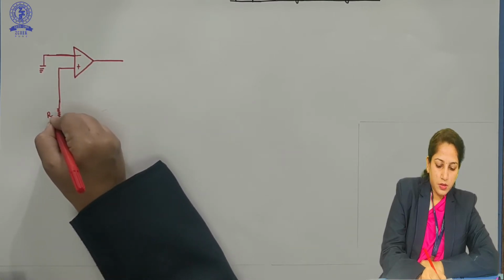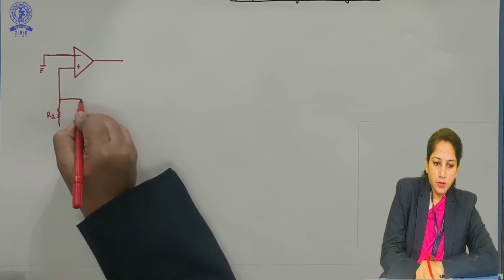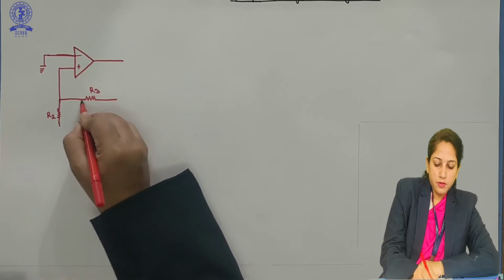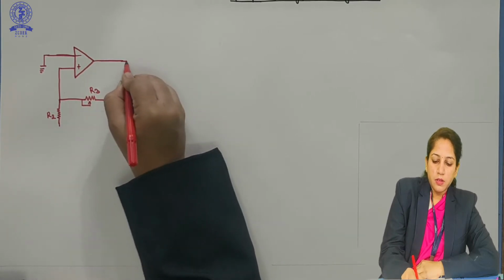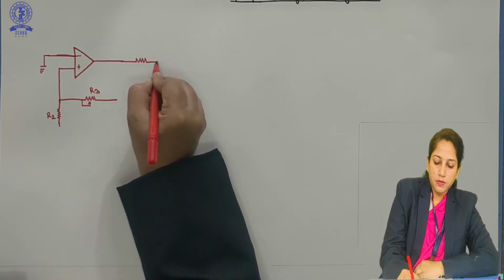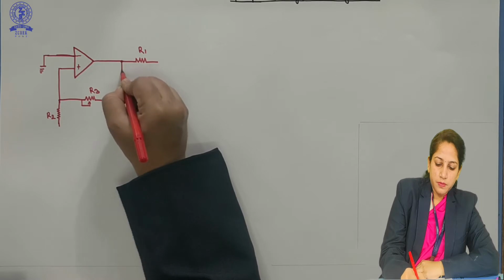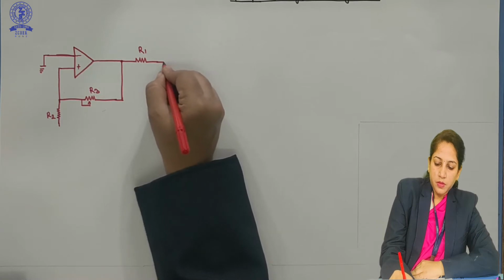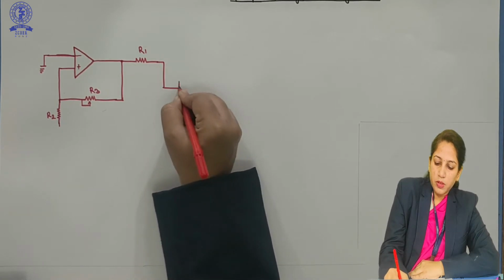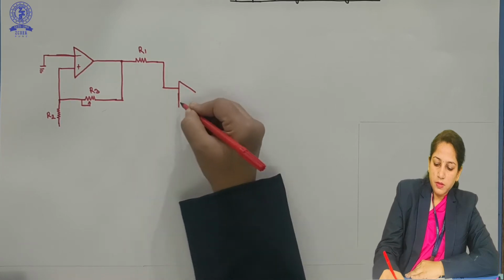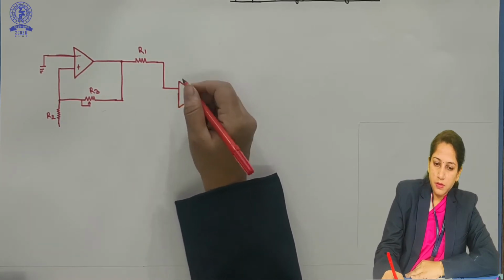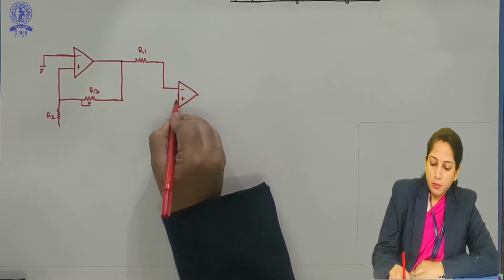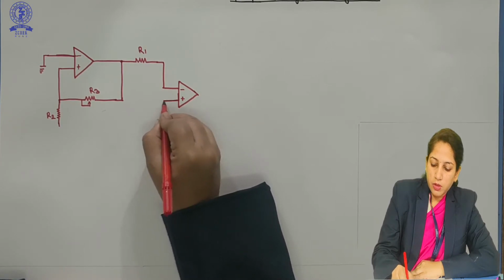So suppose this is resistor R2, this will be resistor R3, which will be variable. Here will be resistor R1, this will be connected to the inverting terminal of another operational amplifier. Here will be the positive terminal, that is the non-inverting terminal, of the second operational amplifier, which will be grounded.